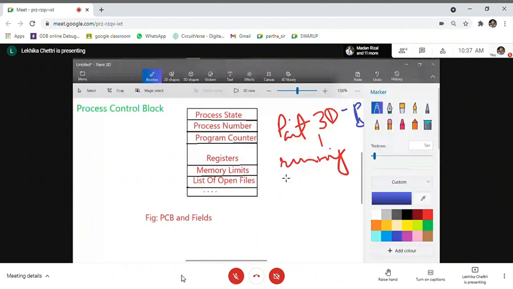Let us say at t equals 0, out of 100 lines of code you have executed 10 lines. So this counter value has to be 11, because your next line of code is 11. Now in the second go, it goes from 11 to 15. So for the next block of the same process, it will enter 16, because the next address space starts from 16.